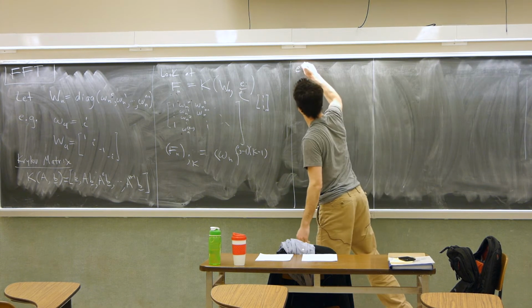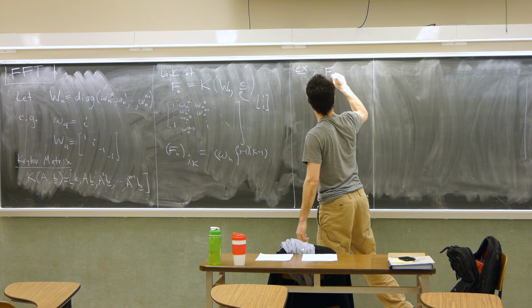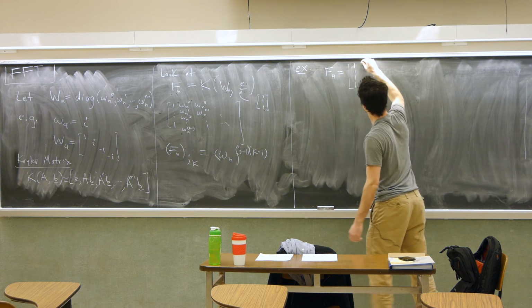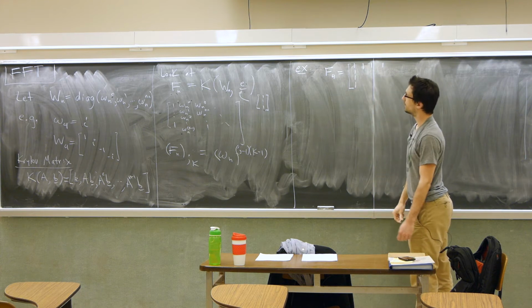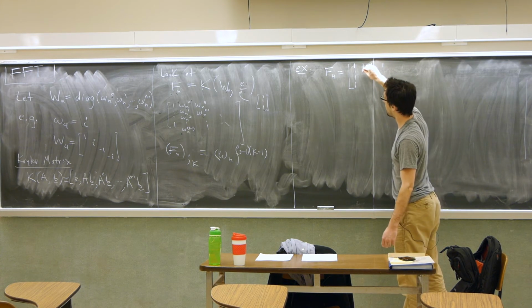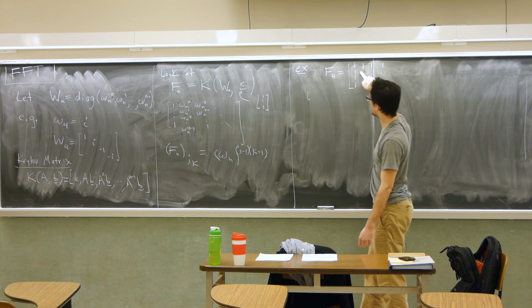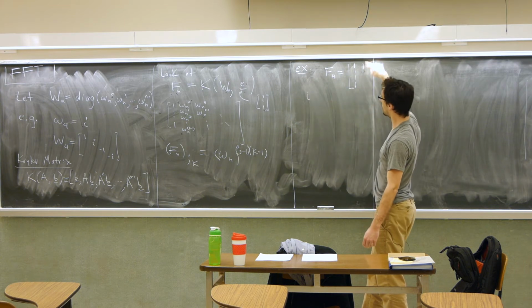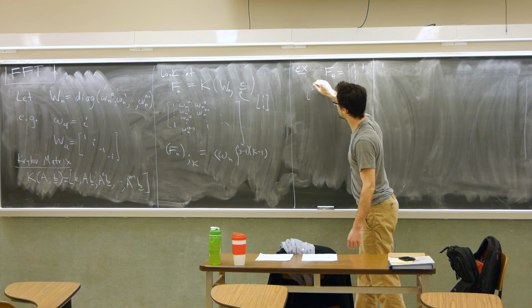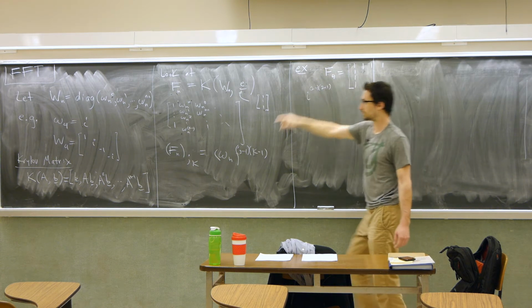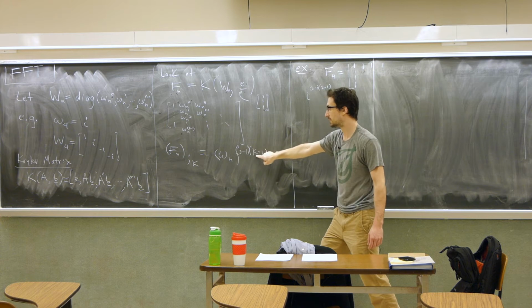Just as an example, F sub 4 would be 1, 1, 1, 1, 1, 1, 1. Okay, and now here we would want i to the row 2, column 2. So this is 2 minus 1, 2 minus 1 is the exponent because we're using j minus 1 times k minus 1.